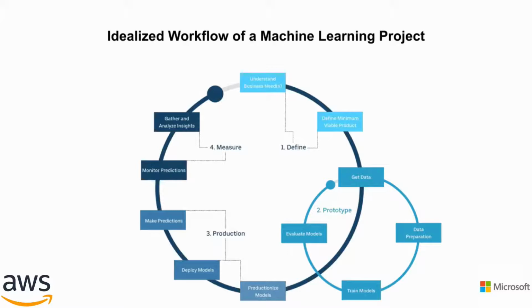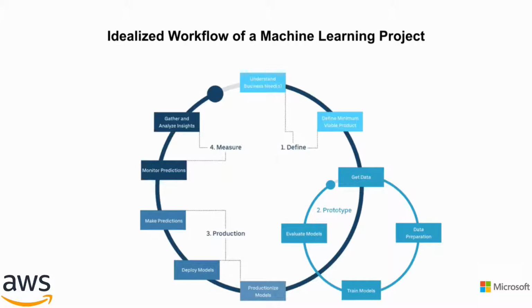And on the left, we start getting into the realm of machine learning engineering, where you start to productionize your solution: the deployment of your models, how you make predictions, how you make these predictions available, how you monitor your predictions, and obviously the insights component, which I think is teamwork.